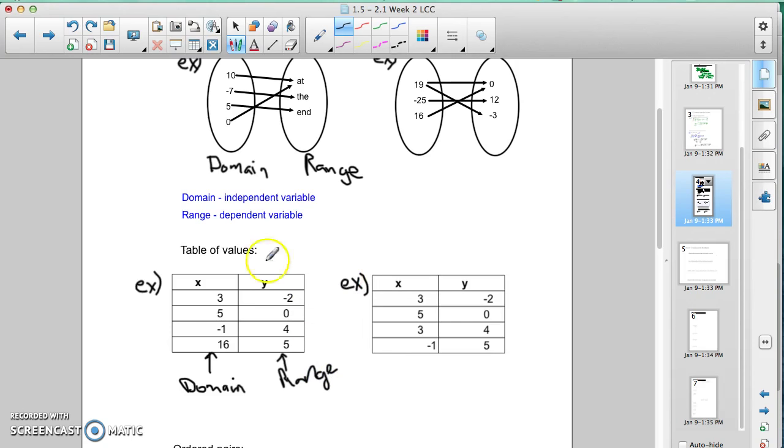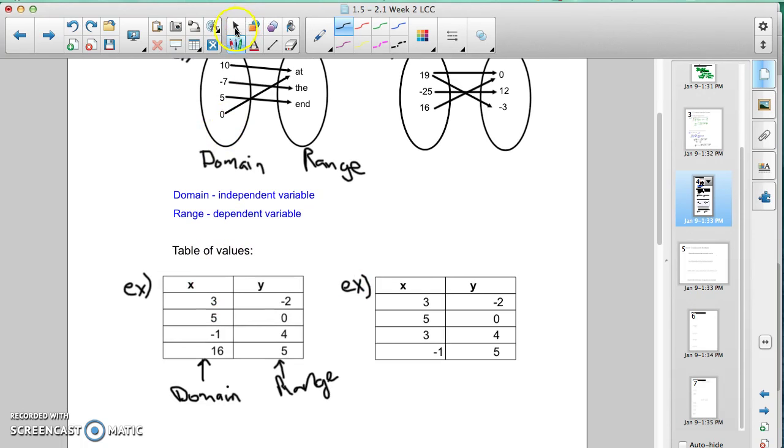Okay, so if we look at the domain values, we want to see if they are being mapped. We want to look at all of these values, including the 16, and see if there's any mappings that are sending them to two different values.